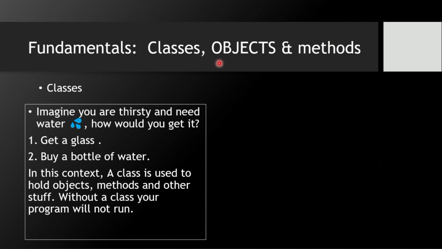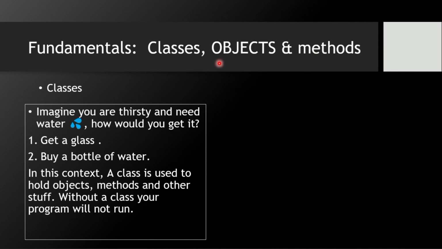So if you want to drink water, the first thing you're going to do is get a glass or a cup, depending on what you're going to use to drink that water. That glass is what's going to hold the water. In this context, water is the object, just an entity that we want to get out. For us to be able to access that water, you will need a glass, a container of some sort.